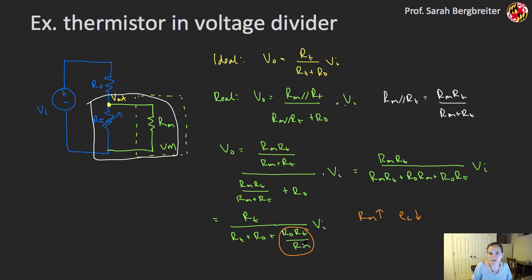And similarly, if Rm is on the order of R0 or RT, or somewhere in between those, it's actually going to affect the value of my output voltage. So as Rm goes to infinity, I'm going to the ideal case, which is what I expect. And we could, of course, calculate that loading error. If I call this V out in the ideal case, and this one out here V out in my real case, then my loading error would be V out in the ideal case minus V out in the real case. And so this would give me some voltage loading error in my output.